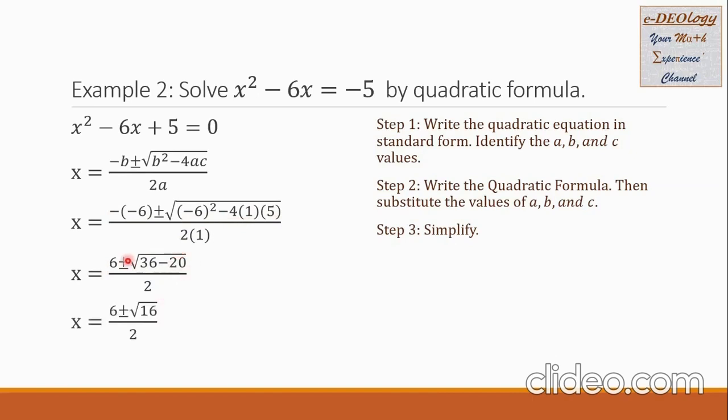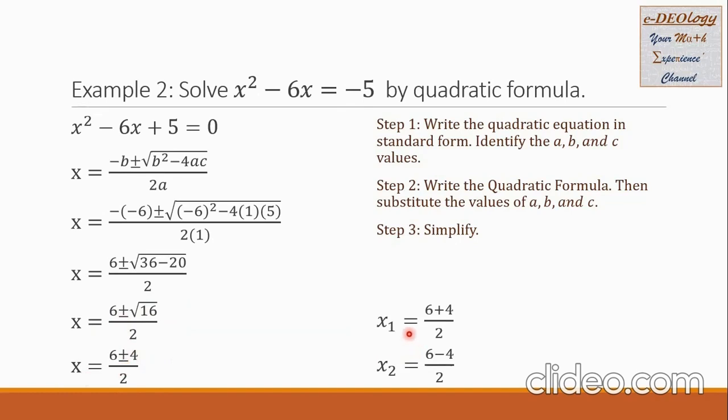And then we will simplify the 36 minus 20. It is now 16. So our radical now is square root of 16. And then we can simplify the square root of 16 into 4. And from this point, we're going now to split the plus and minus sign to get the two values of x.